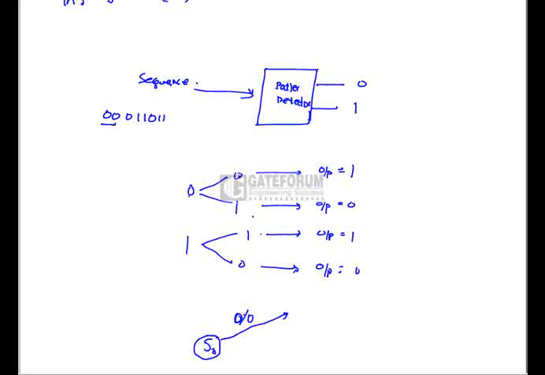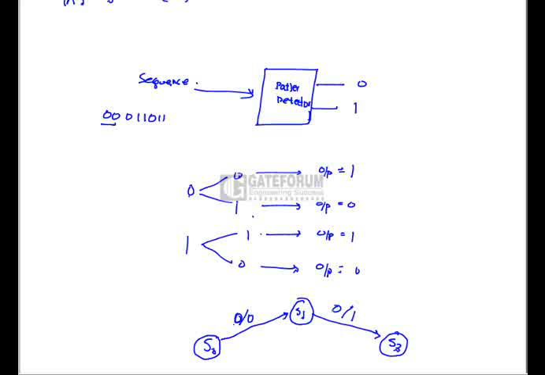This is written in the form of 0 by 0. Now in the S1 state, if the next bit is 0, it gives output 1 because two consecutive zeros are happening. It goes to state S3.